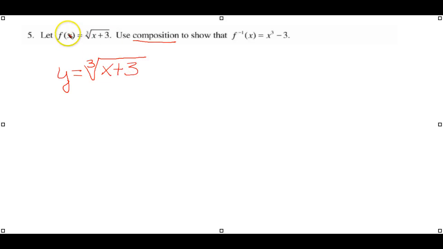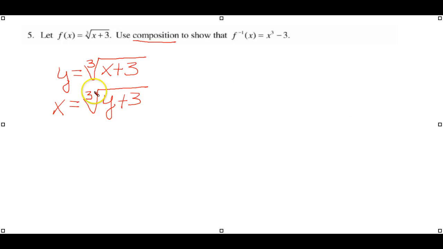So we're going to go through the procedure of finding the inverse. Now the rule is exchange the x and the y. So this now becomes a y here. And now we're asked to solve for y.